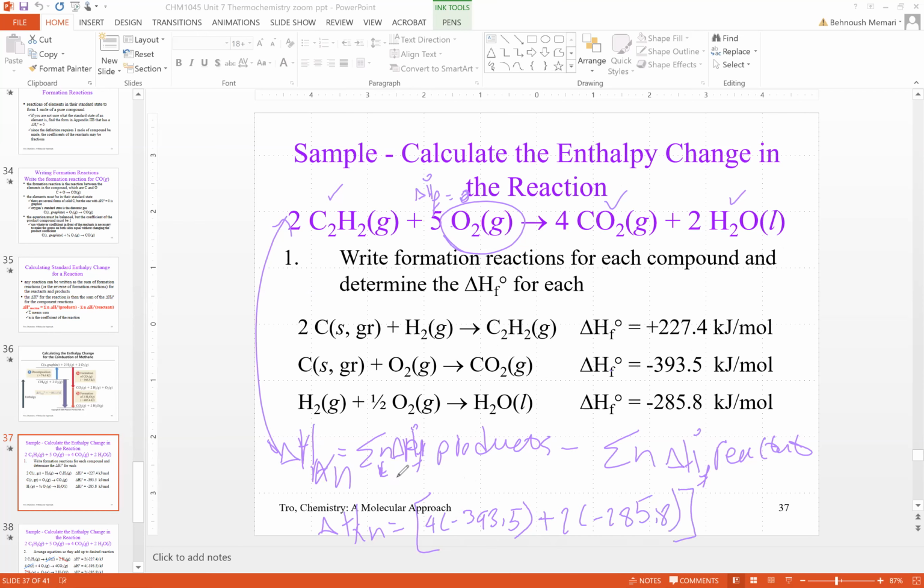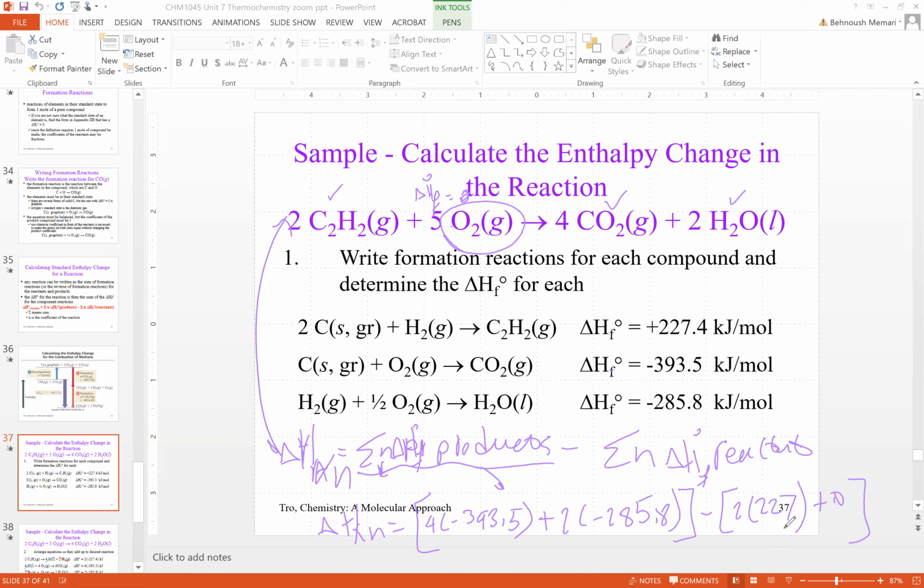This is the delta H formation for all the products. Minus, we open another bracket because we want to add them all up. For the reactants, we have 2 times the 227, plus the other reactant, which is 0.